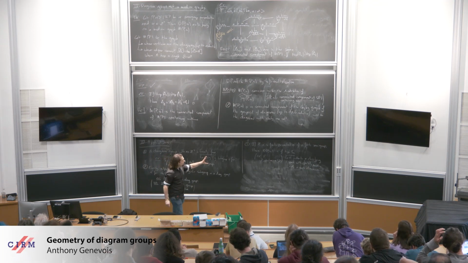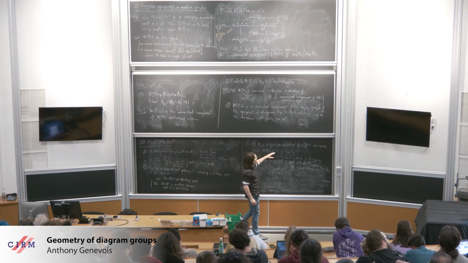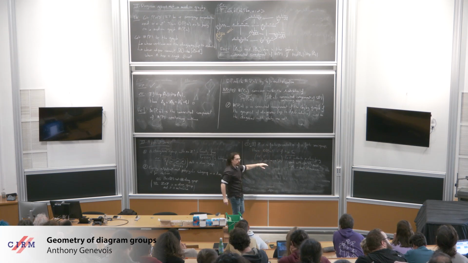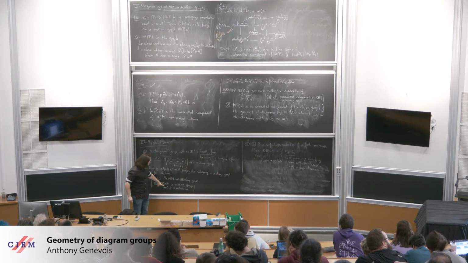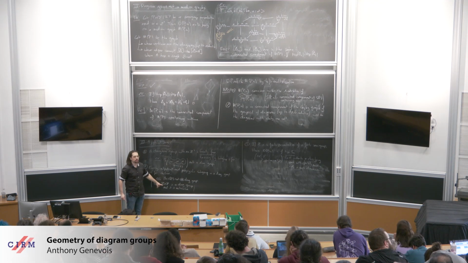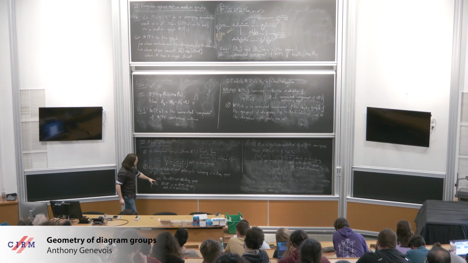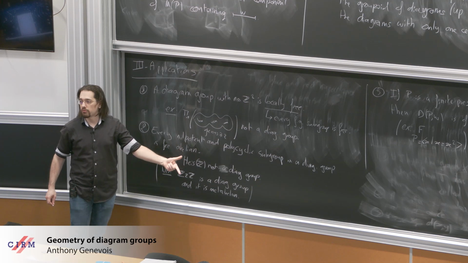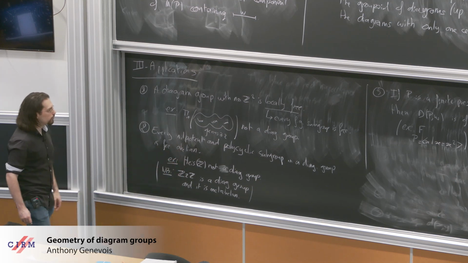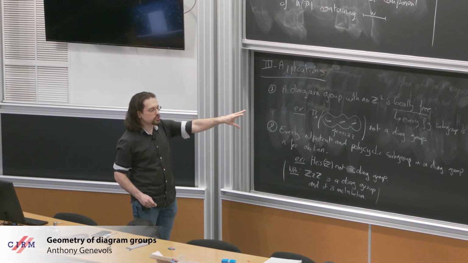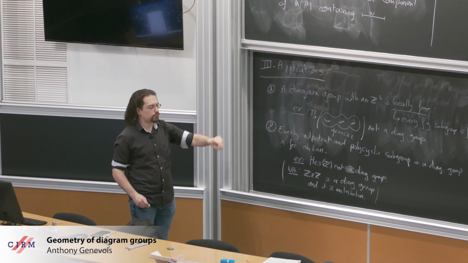But not all diagram groups are of type F infinity. For instance, if you take this one, it is finitely generated but not finitely presented. So it does not admit such a classifying space. Actually, it does not admit a classifying space with finitely many one cells and two cells. So it's specific to one particular family of diagram groups.